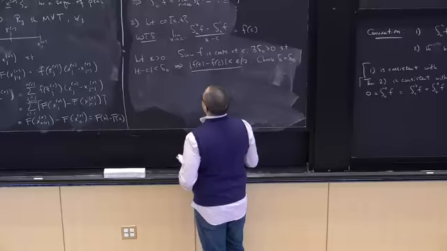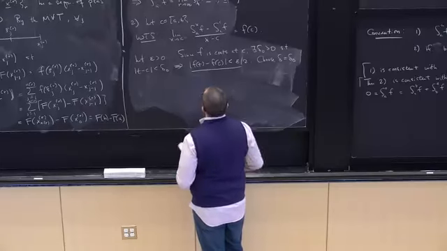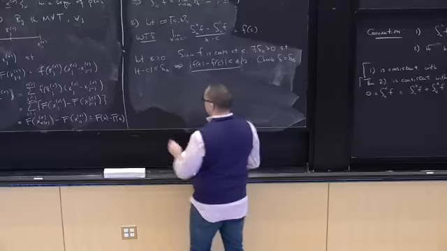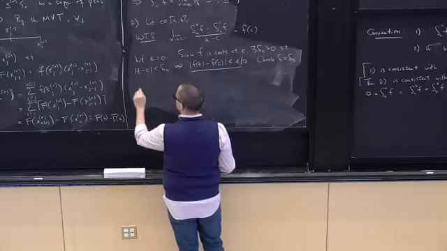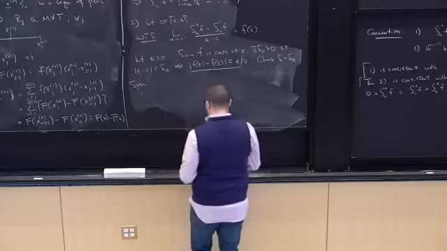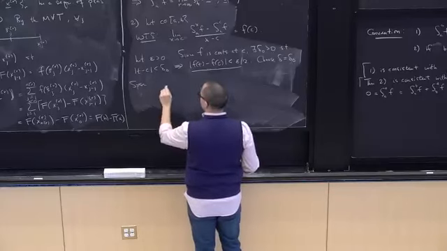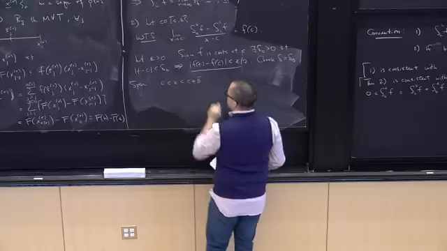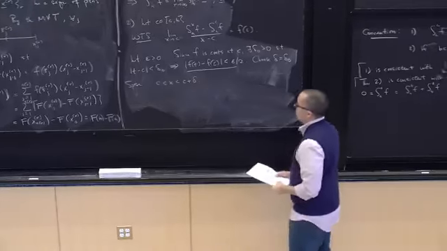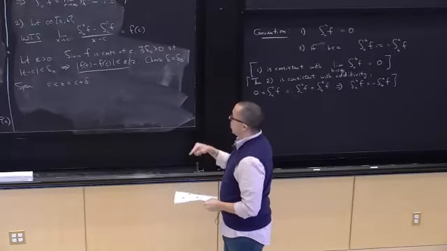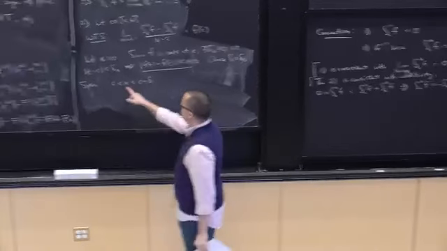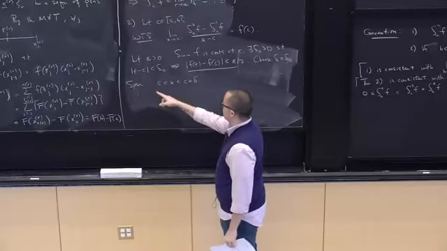Now, because of sign conventions, we'll do 2 cases. Not really, I'm just going to do 1 case. So suppose that x is between c and c plus delta. We'll also need to be able to do the case that x is between c minus delta and c.